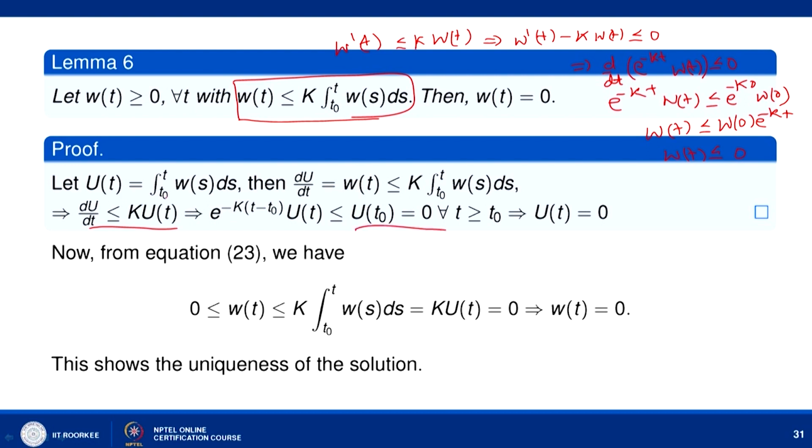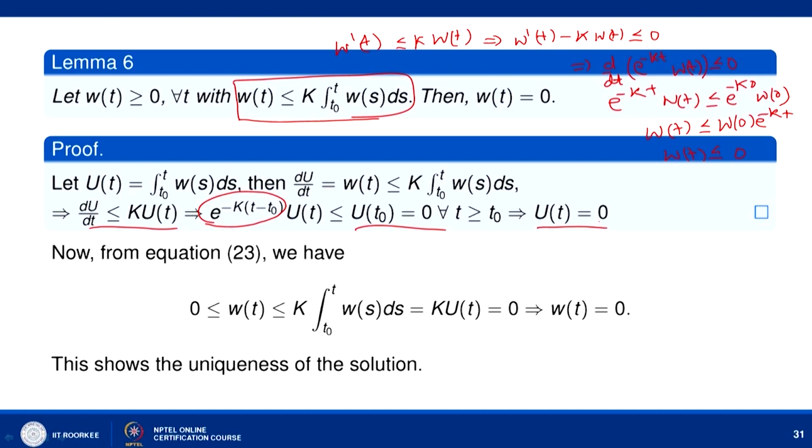u(t naught) is given as 0, because if you put t equal to t naught, then it is nothing but 0. So, it means that e to the power minus k(t minus t naught) u(t) is less than or equal to 0. Now, this exponential is never 0, so u(t) has to be bounded above by 0, and we already know that u(t) is positive.